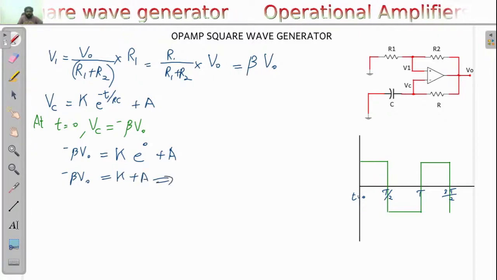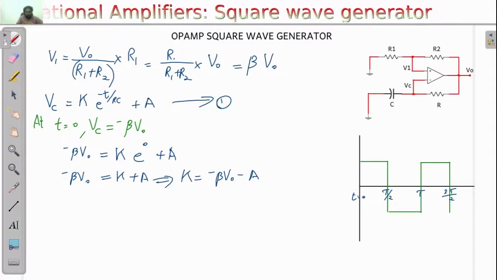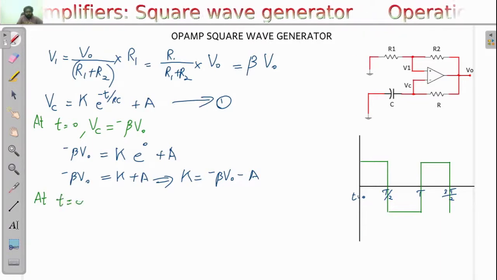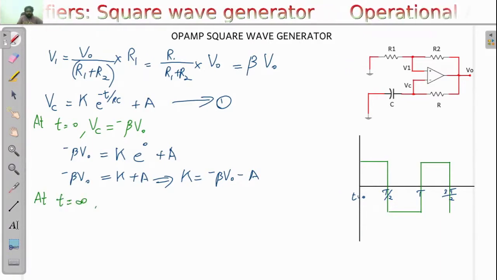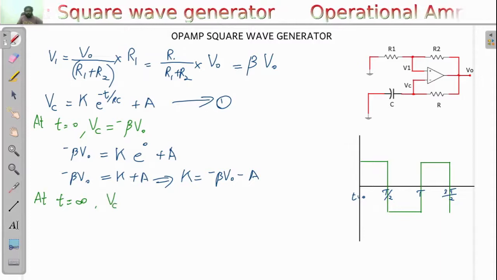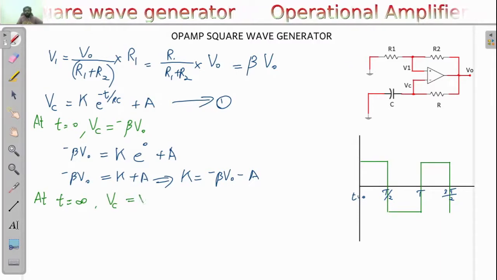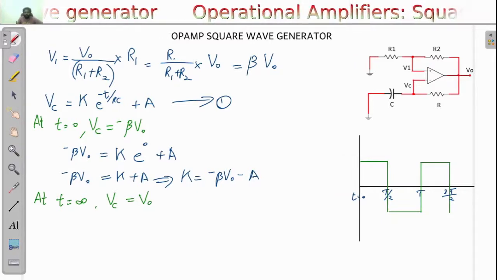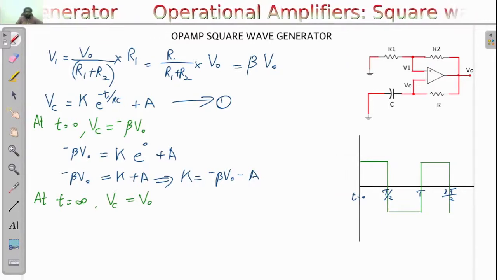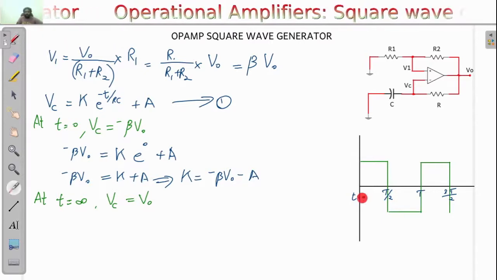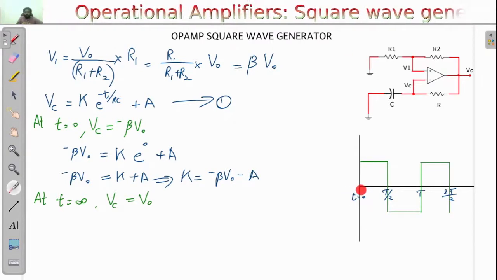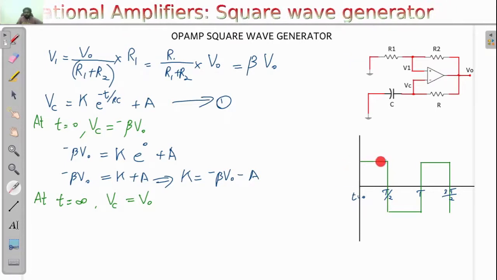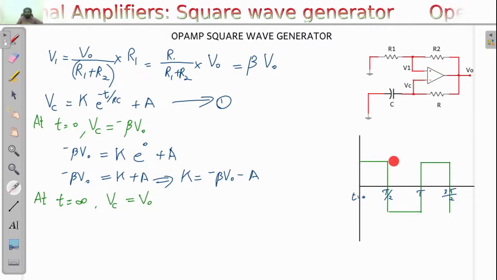The next boundary condition is at t equal to infinity. At t equal to 0 you have a change, that is, the output goes to positive saturation and continues in positive saturation.